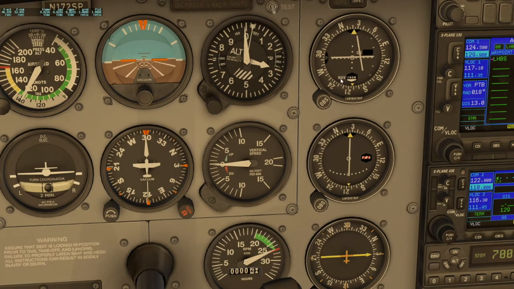Okay, going back here, so we're going to have to put our 000 radial. Once I intercept this, I'm going to turn left, and then once I intercept the 330, which is 30 degrees from the one I want, I'm going to turn 45 degrees to the left in order to intercept the 300 inbound.